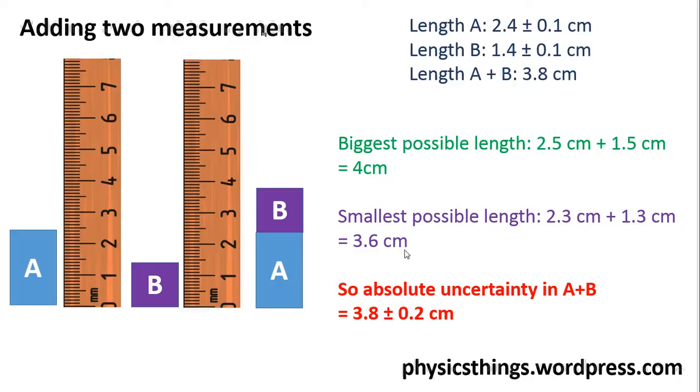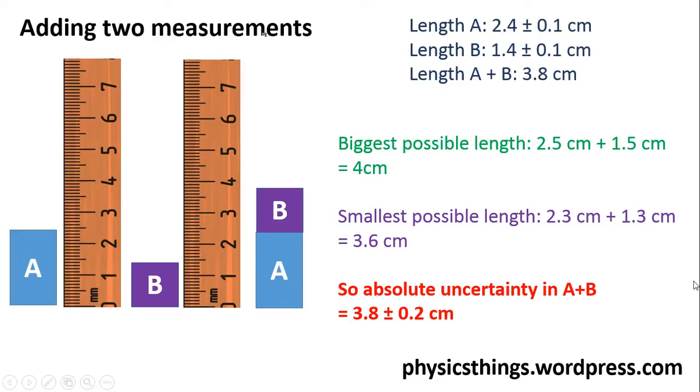So this means that I have my actual overall length, 3.8 centimetres, with a maximum possible length of 4 centimetres, that's 0.2 centimetres greater, and a smallest possible length of 3.6 centimetres or 0.2 centimetres less. So my absolute uncertainty when adding A to B is my original measured length, 3.8, plus or minus 0.2 centimetres.